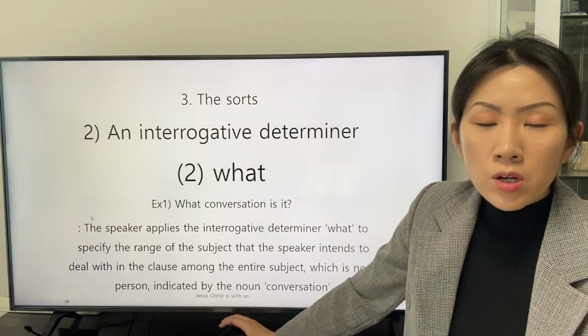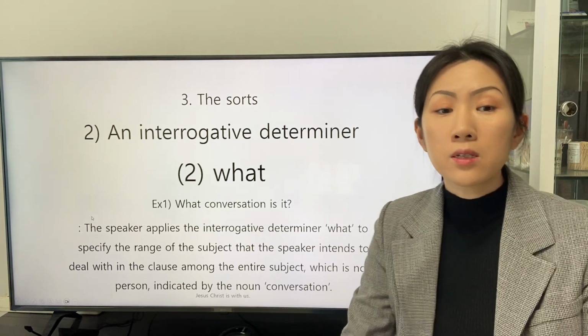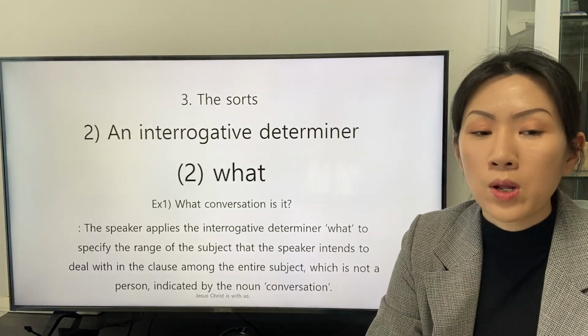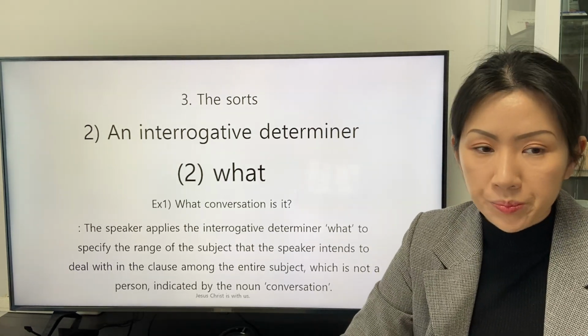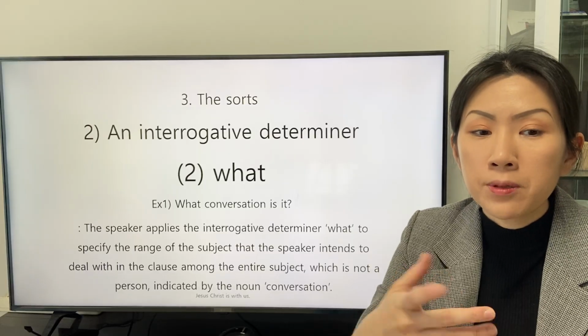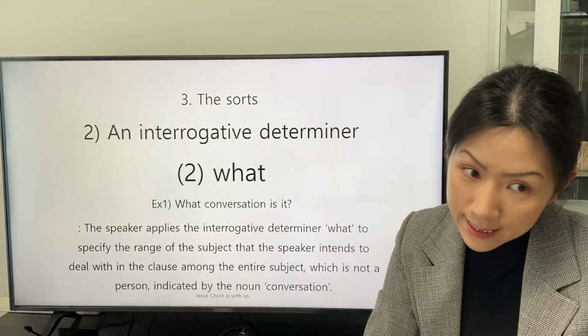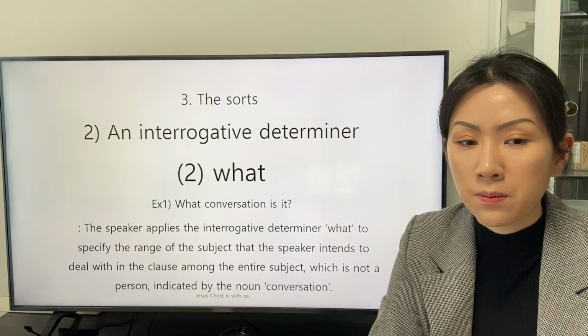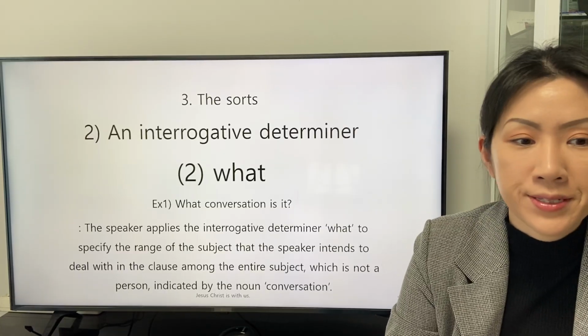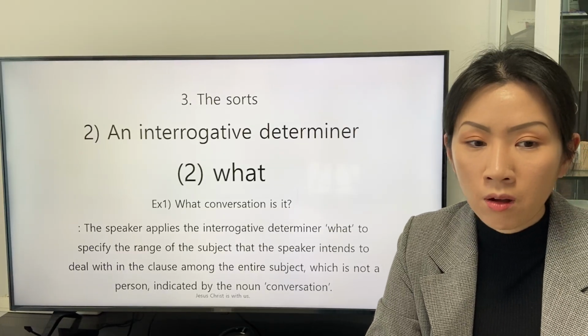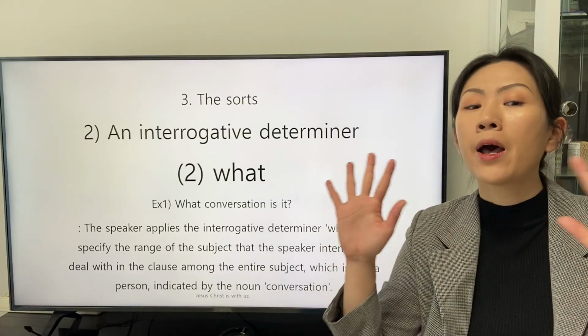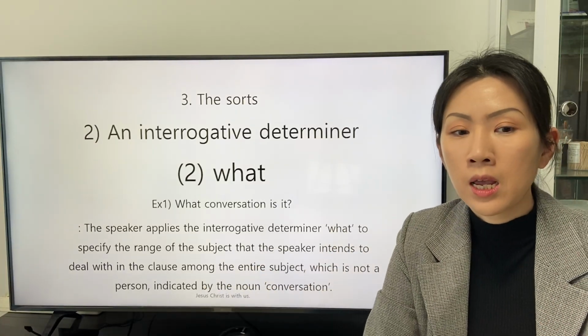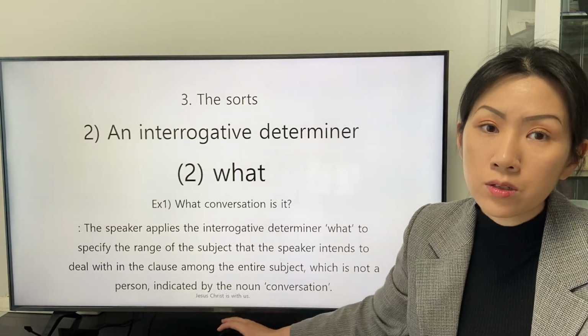Okay, let's start to study one by one. The first example is this. What conversation is it? The speaker applies the interrogative determiner what to specify the range of the subject that the speaker intends to deal with in the clause among the entire subject, which is not a person, indicated by the noun conversation.